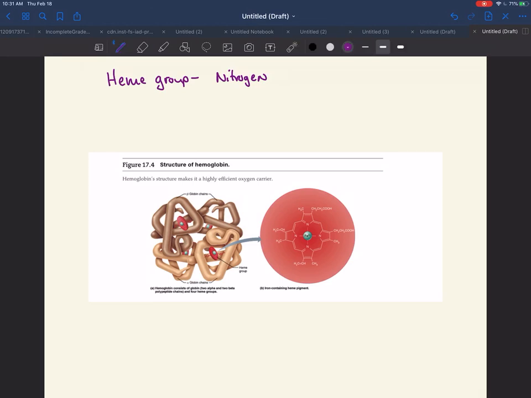And the elemental iron is Fe. So that's my iron. So the heme group is what binds them. So there's 4 hemes, and each can bind one O2 molecule.